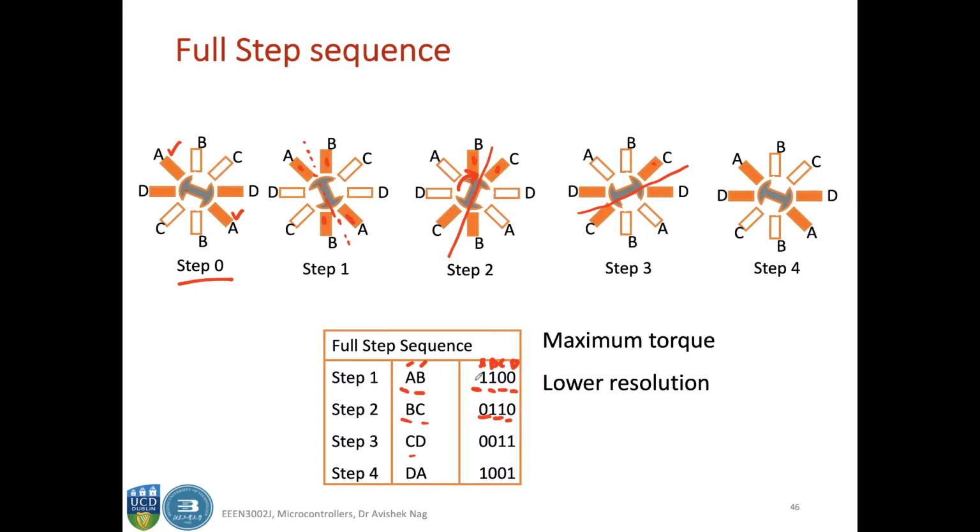So based on these digital sequences, you can program your microcontroller and interface your stepper motors in a way that when you put some binary combinations into your output ports connecting these stepper motors, the stepper motor will take these particular steps.